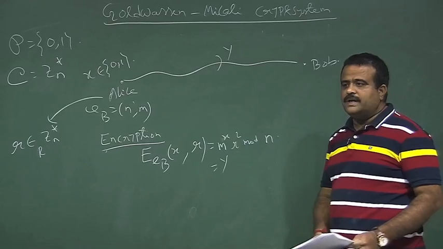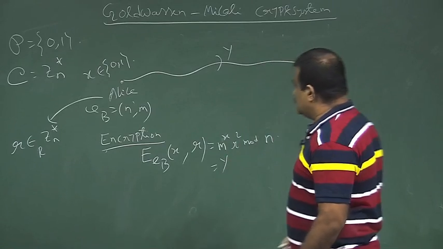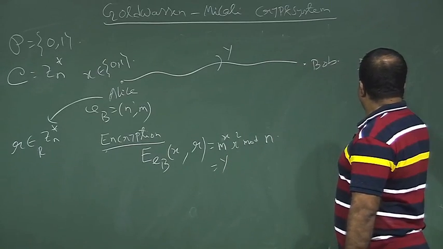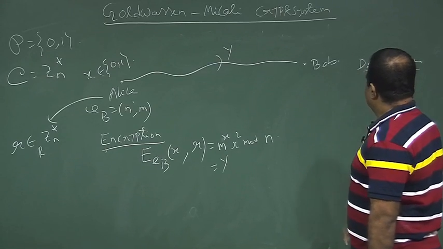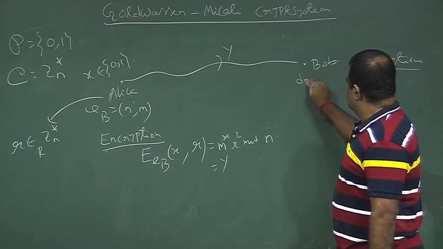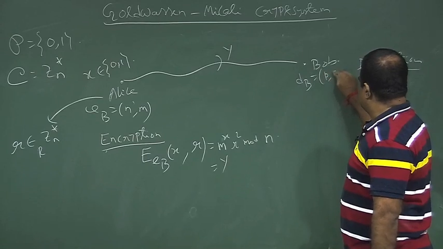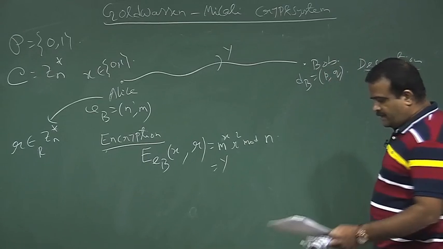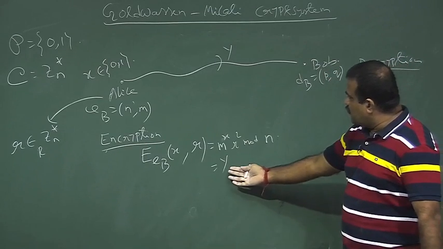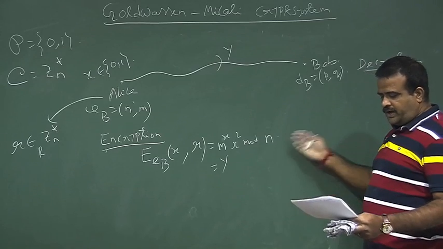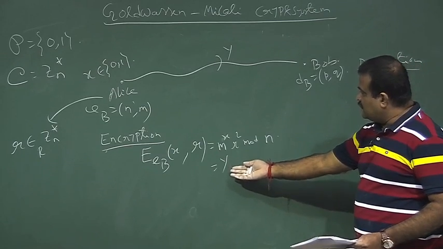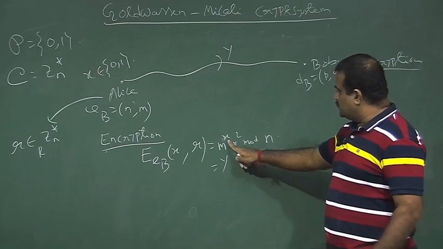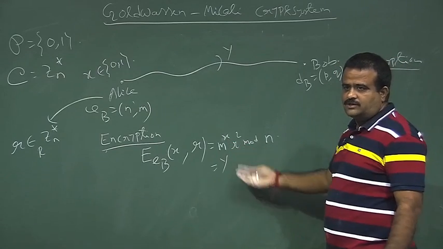Now, how will Bob get back the message? That is the decryption phase. Bob has his secret key, which is basically p and q. If y is a quadratic residue mod n, then x must be 0, because y must be just r square.